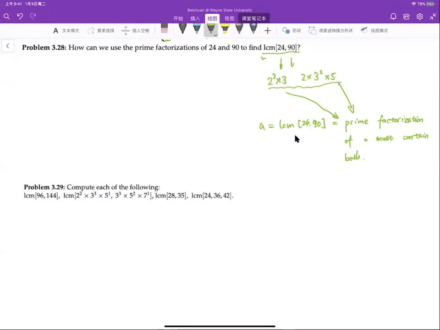How many 2's do we need? See that there is a 2 cubed in 24, and there is only a 2 in 90. So what is the exponent, or what kind of power of 2 do we need? Anyone want to answer?